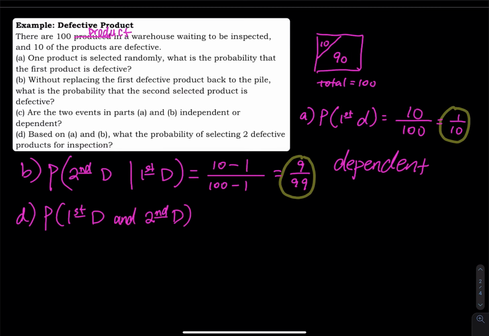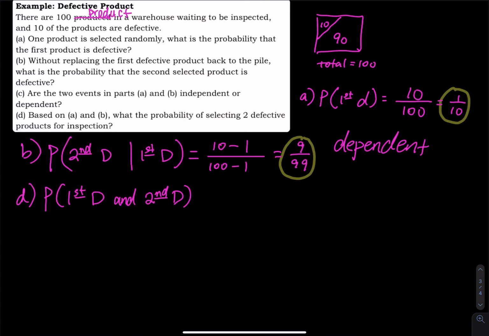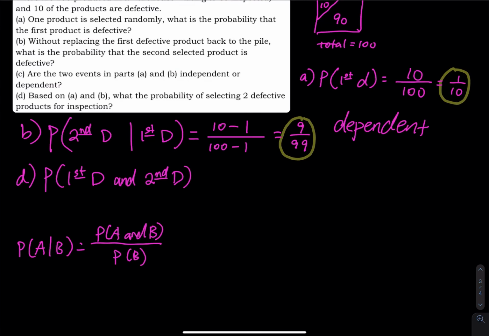So here I would like to recall a formula. So A and B, remember this. The probability of A given B equals the probability of A and B divided by the probability of B, right? If you multiply by the probability of B on both sides, that means you have A given B times B equals A and B, right?